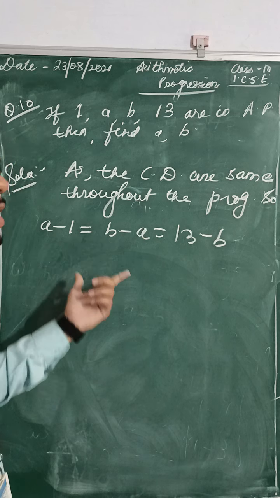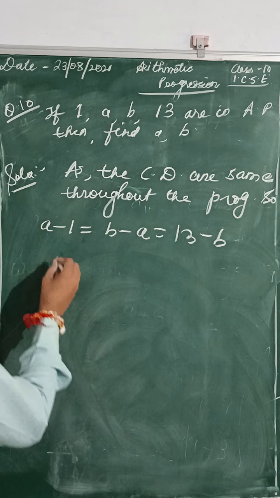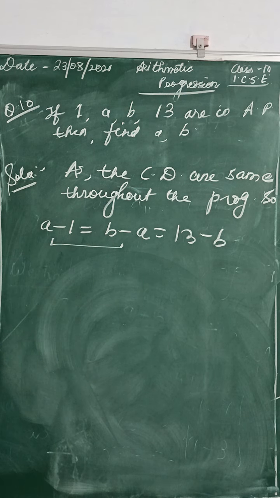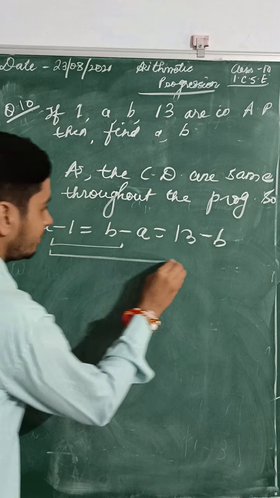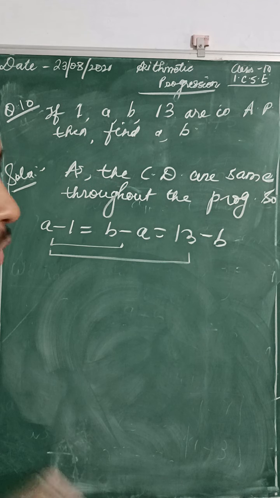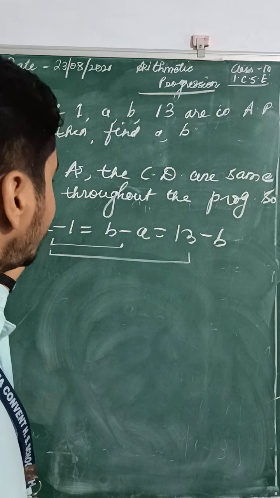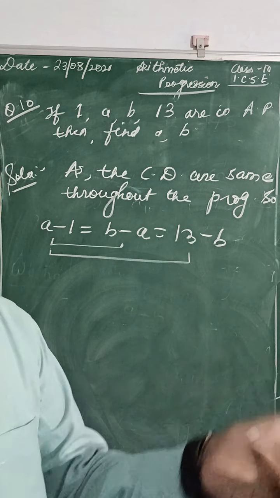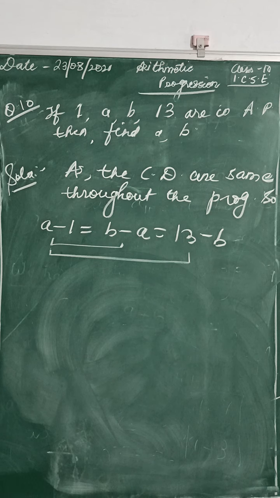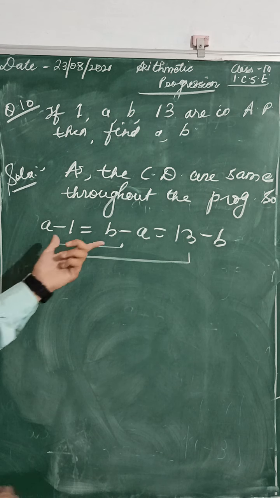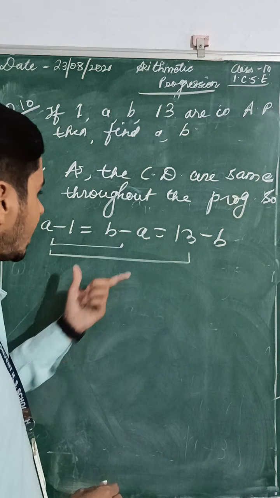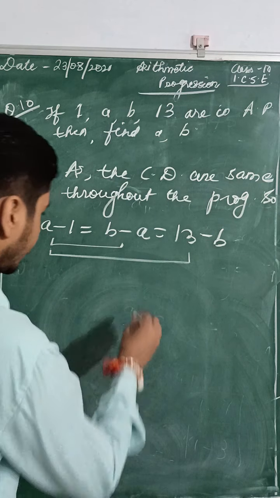So we need to take pairs. Let's take the first two, and then we will take the other two. It's up to you. Any two sides you can take, and you will get the same answer. We will be taking these two at first and these two at second.